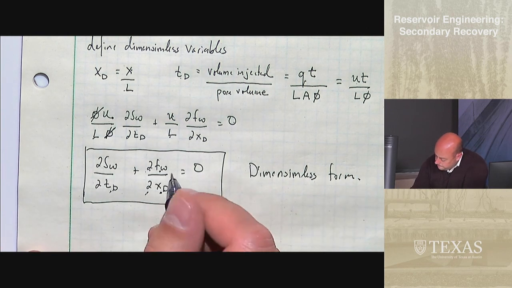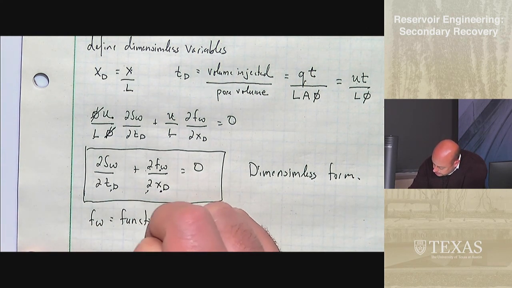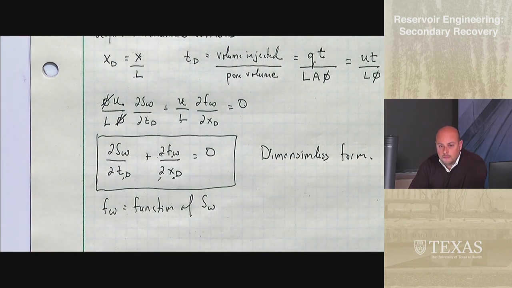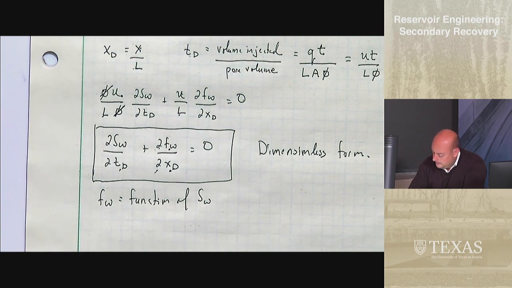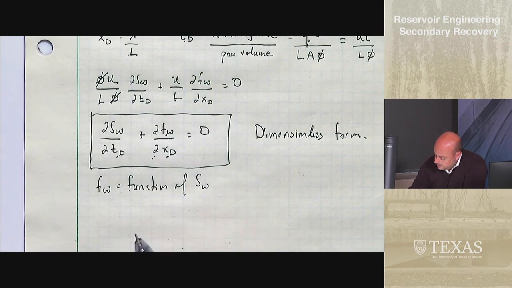Recall fw is a function of Sw. You plotted it on your exam. You're going to plot it on your homework. It's a function of Sw. So we can use the chain rule.